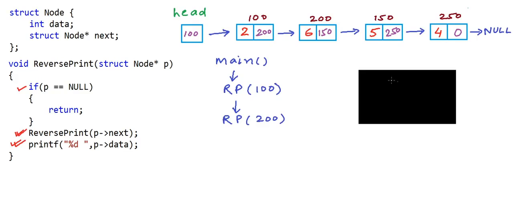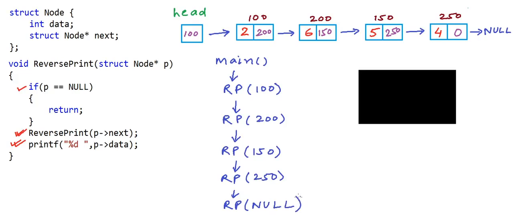Nothing will be written on the console, and once again this particular function will make a recursive call like this, and once again this function will make a recursive call like this, and finally we will have a recursive call where the function is passed address null. At this stage we come to the exit condition in the recursion. The recursion will not grow any further.